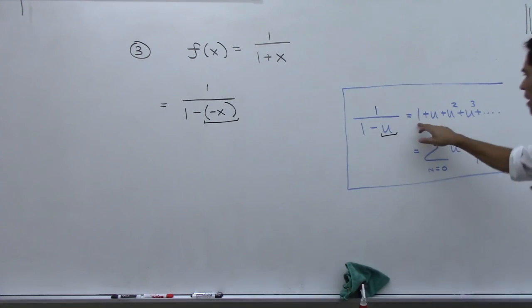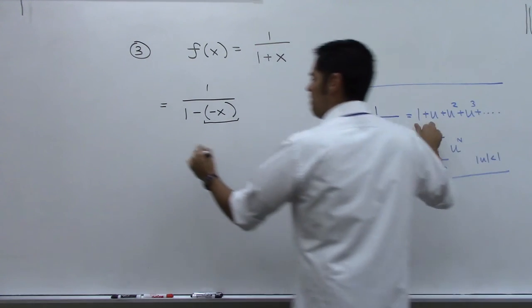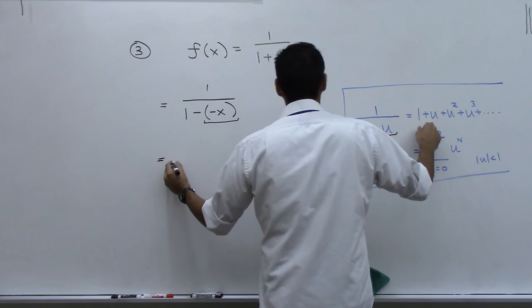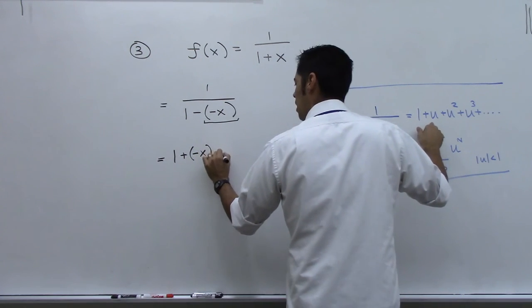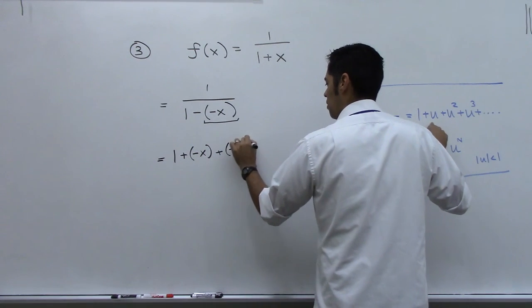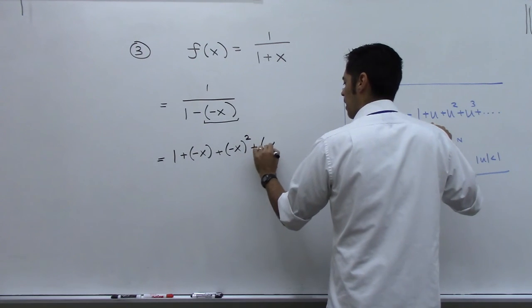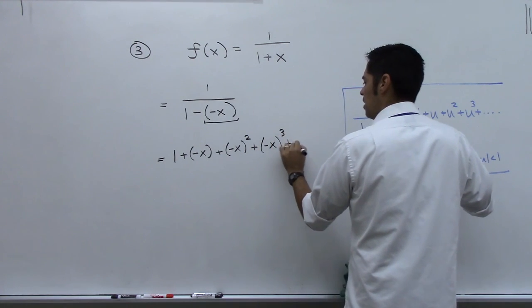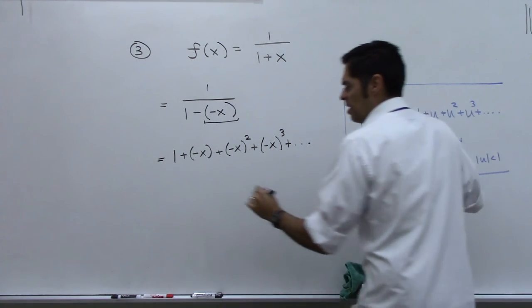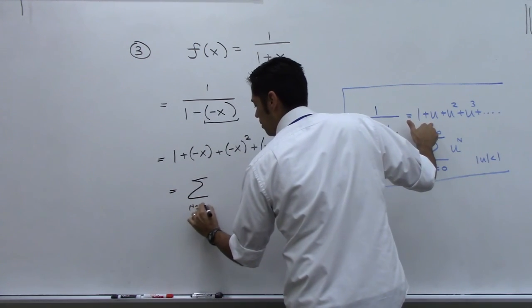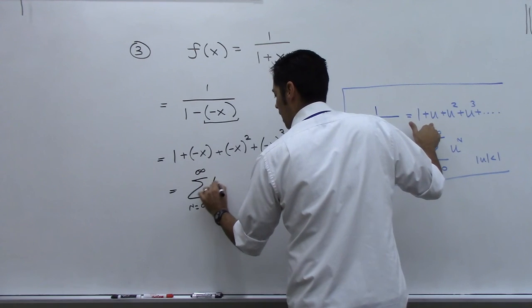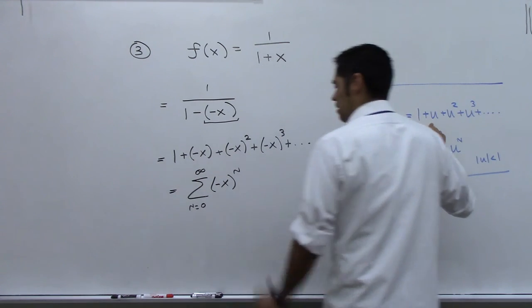So I'm just going to rewrite this. It'll become 1 plus u, which is negative x, plus u squared, which is negative x squared, plus negative x cubed plus dot dot dot forever, which is the same as the sum n equals 0 to infinity of negative x to the n.